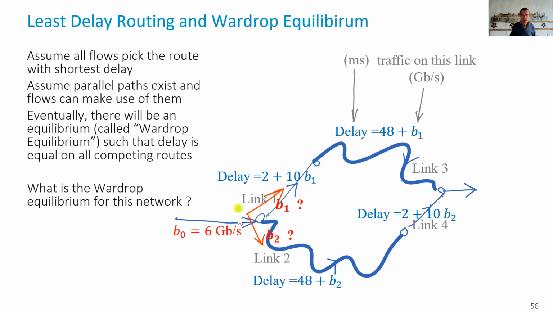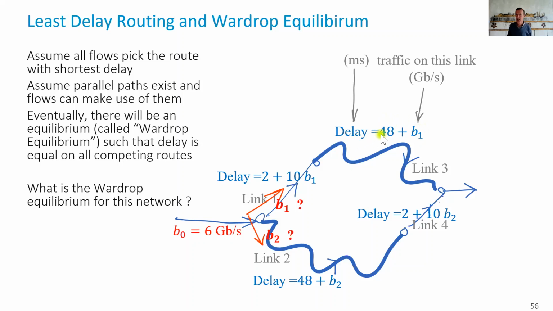Well, the first thing, let's see on this example here. Here I have a network, and I have links that are thin. That means those links have a small capacity, but they are short, so they have a small delay. And links that are thick are long, so they have a large capacity, but also a large delay. To simplify the story, I assume that I have a linear approximation of the delay.